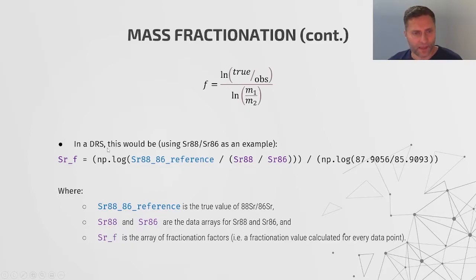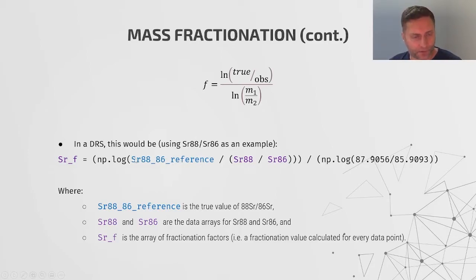Now, in a DRS, this would actually look like this, and we're going to be using strontium-88 to strontium-86 as our example ratio. So in this case, we would have our true value here, which would be the 88 to 86 ratio value that comes from our reference material. And so we'd get that from our reference material file, and we'd use that in this calculation here.